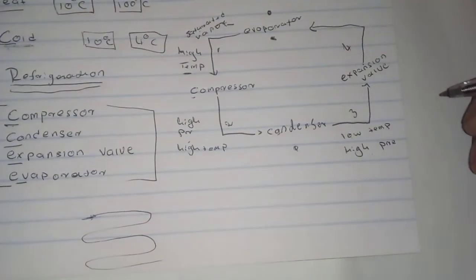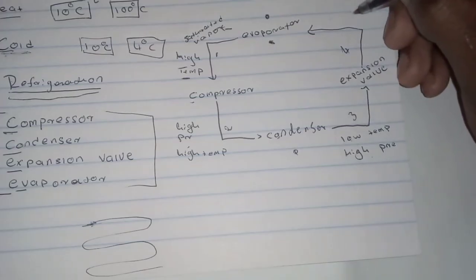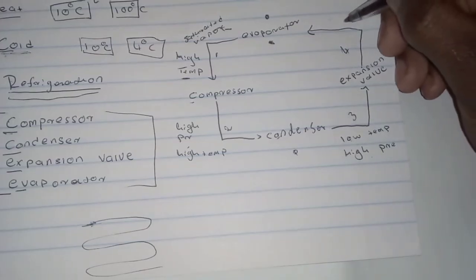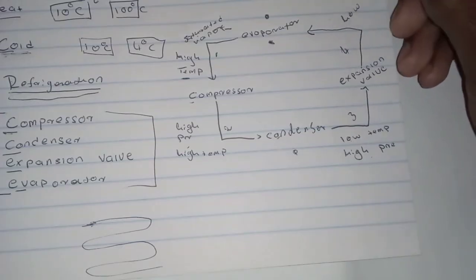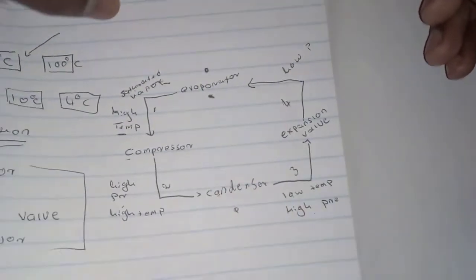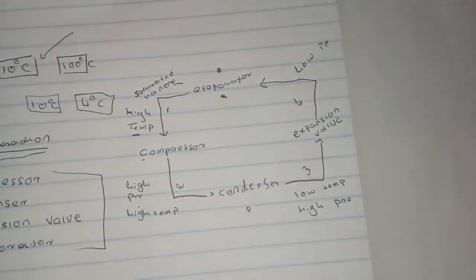So what the expansion valve will do to our refrigerant is that it will lower its pressure. It will have low pressure, and then we know that the boiling point of a liquid depends purely on the pressure that is applied within that liquid.